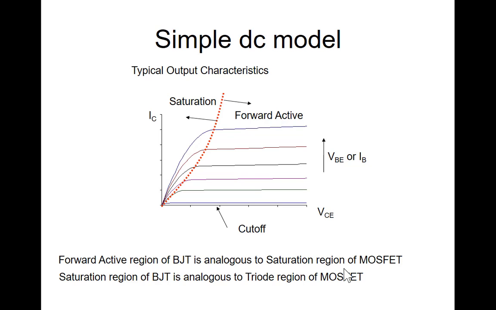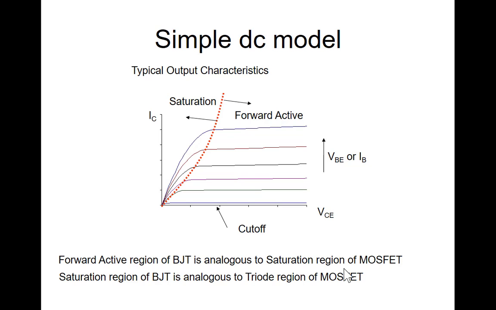That's the good news. How many words are in the English language? A lot. There are so many words in the English language, you probably don't really have to reuse words very often. We've used the word saturation twice. Once to describe a region of operation for the MOS device, once to describe a region of operation for the bipolar device. For the MOS device, the saturation region corresponded to this right here.